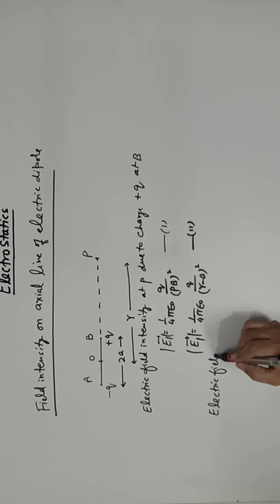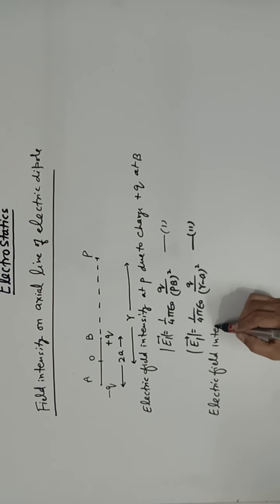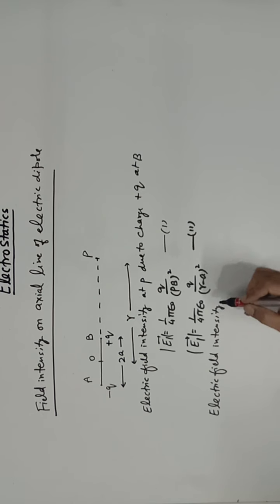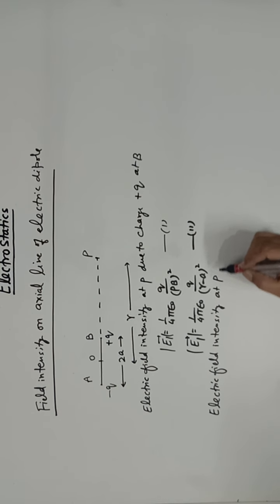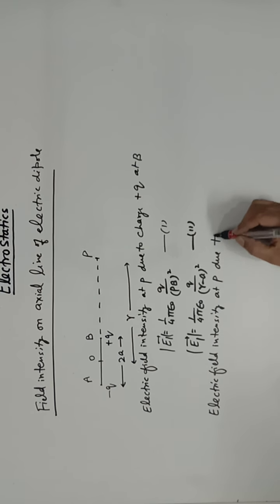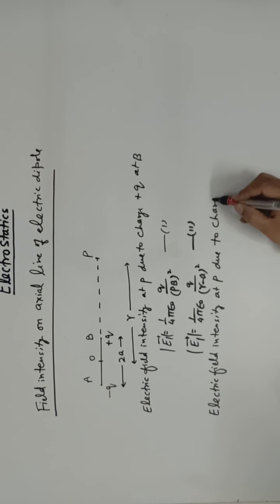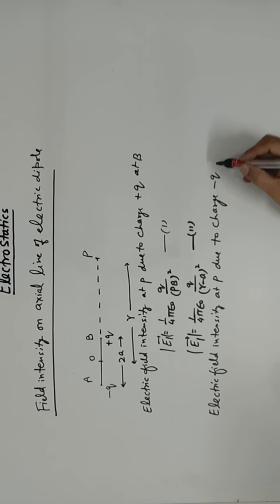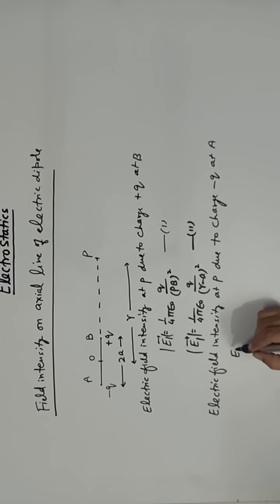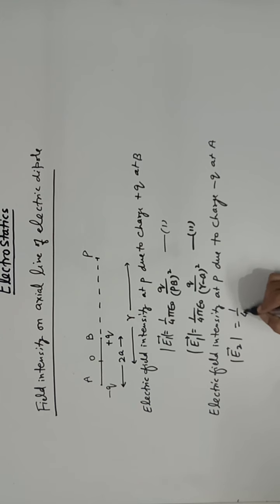Similarly, the electric field intensity at P due to charge minus q at A is E2, equal to 1 upon 4 pi epsilon naught q upon AP square.